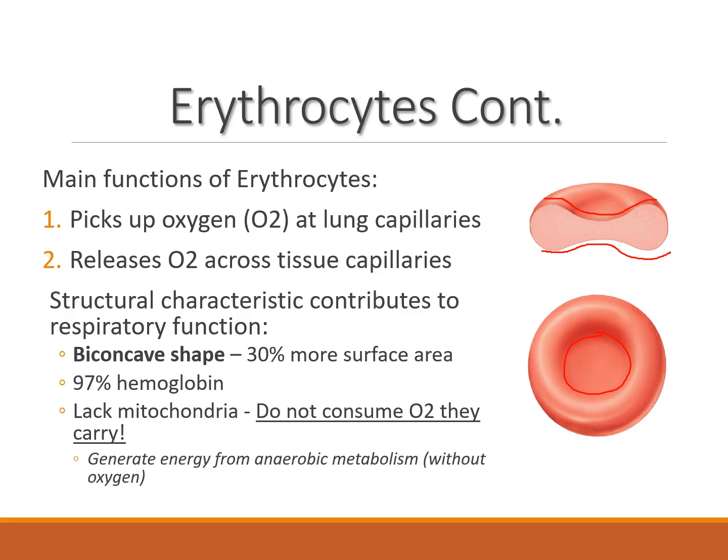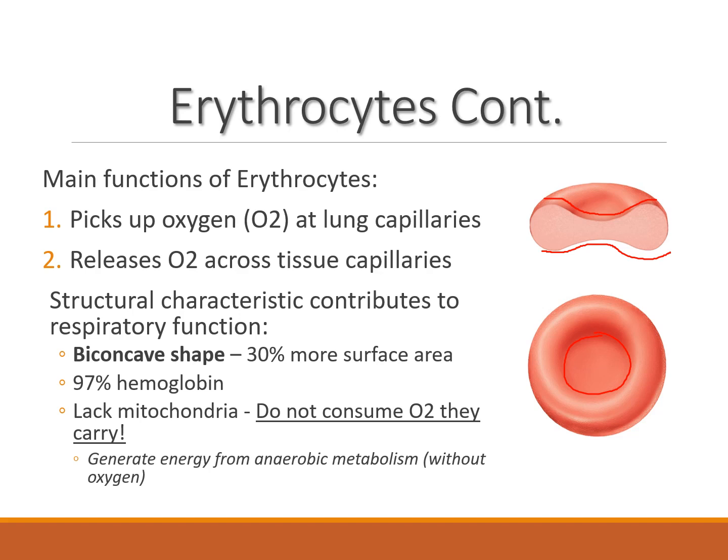So it's mostly hemoglobin. They don't even have mitochondria. Okay, so none of those organelles. But you might say, okay, well, mitochondria gives cells energy, right? Makes ATP, but they require oxygen. So you may say, well, this cell is carrying a ton of oxygen.